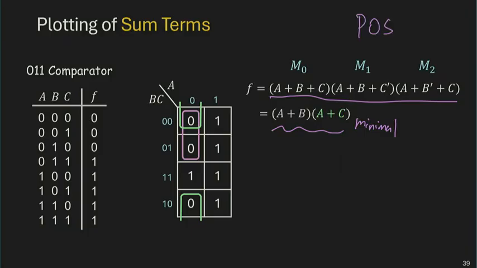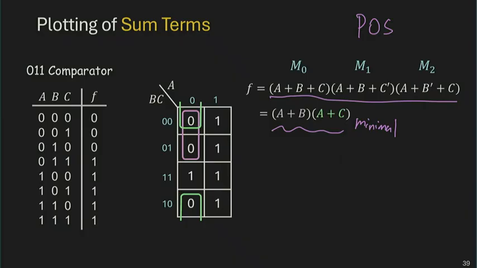Min terms correspond to product terms, and eventually you'll get a sum of products. And max terms correspond to sum terms, a summation of literals. Eventually, when you put them together, you will get a product of sum expression. And over here, grouping happens in almost the opposite fashion, in terms of interpreting the value of your input variables.